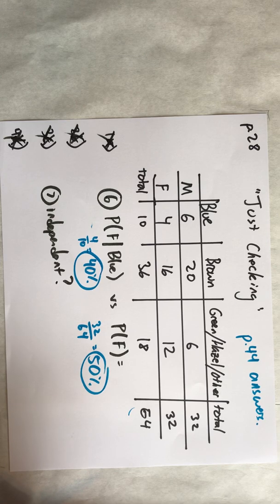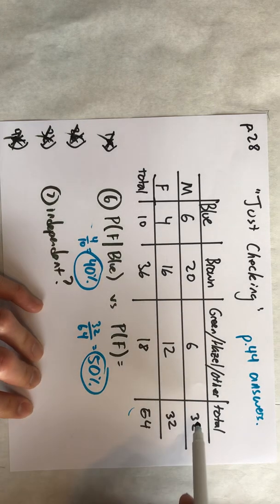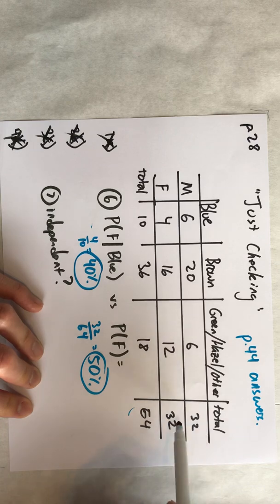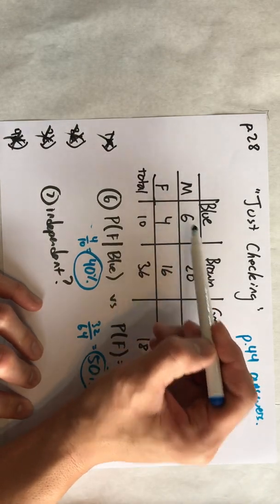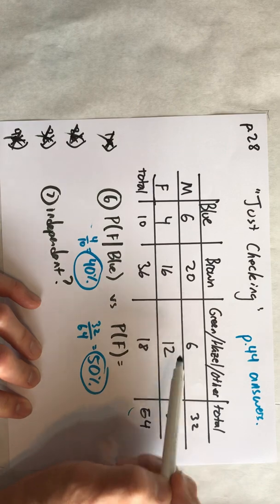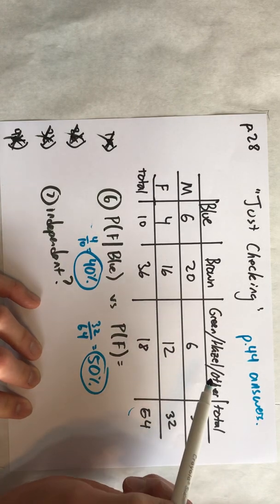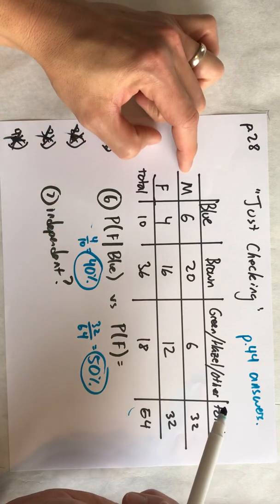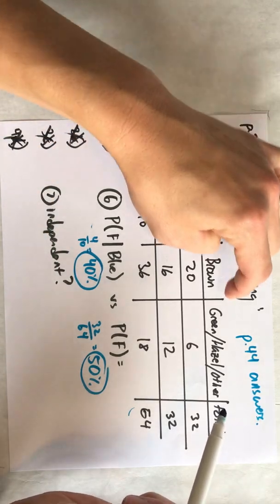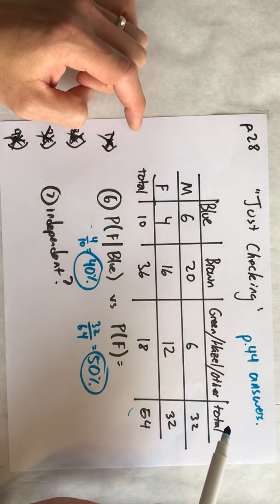Like, would that give us a hint, right? So think about this. It looks like it's 50-50 right here. 50% males, 50% females. But notice that for blue eyes, it's not 50%. So there must be something telling us that your gender could tell you something about the color of your eyes.